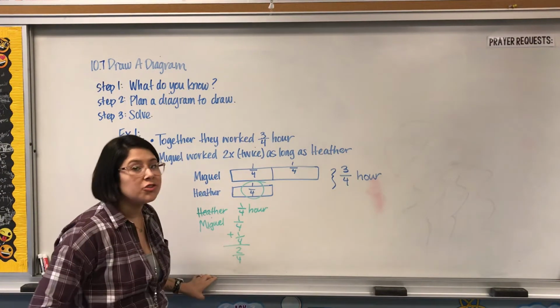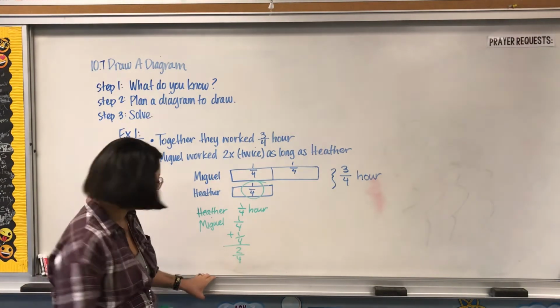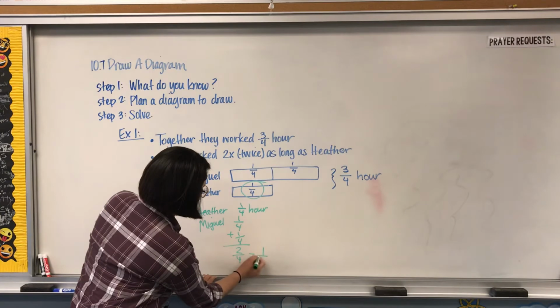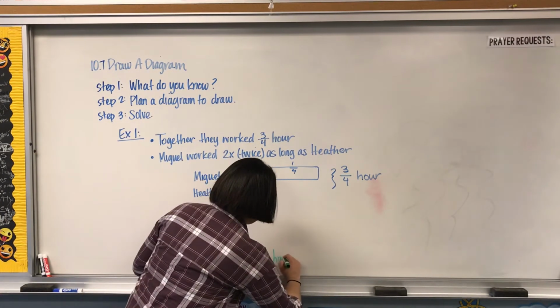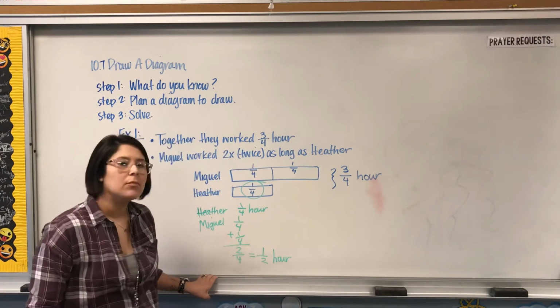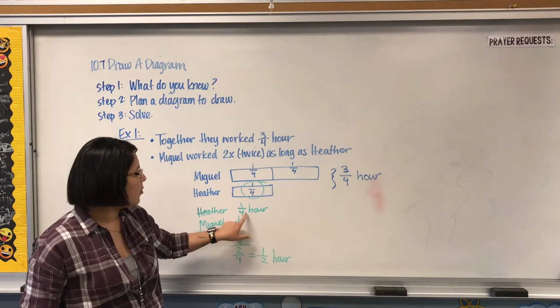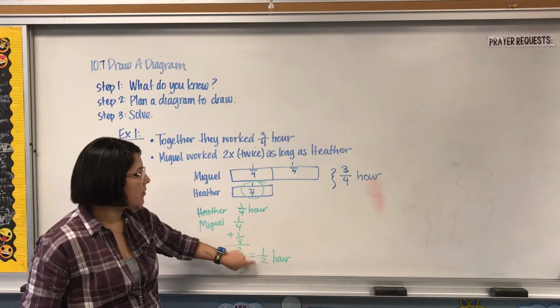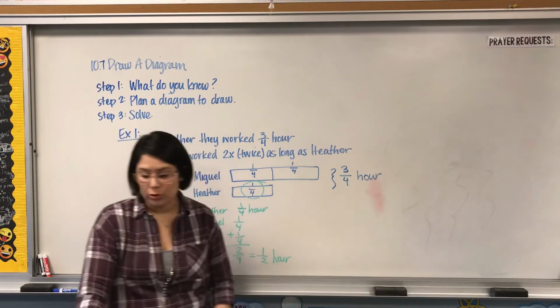Hold on, 2/4 is not it. We need to simplify. 2/4 is equal to 1/2. 1/2 of an hour. Okay. So basically I'm saying that 1/4 of an hour plus 1/2 of an hour is equal to 3/4 of an hour, and that is true.